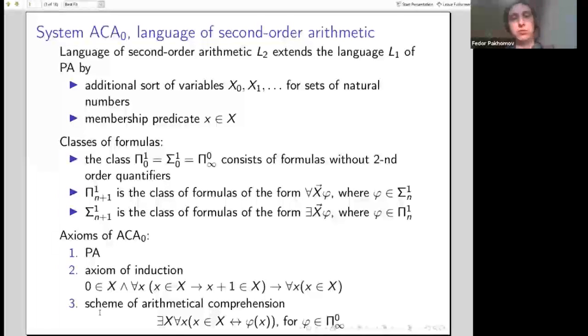So in addition to the usual first order variables, whose intended range is the set of natural numbers, we have an additional sort of variables whose intended range is sets of natural numbers. And of course, we add a membership predicate to the language. So we have these natural complexity classes for formulas. Okay.